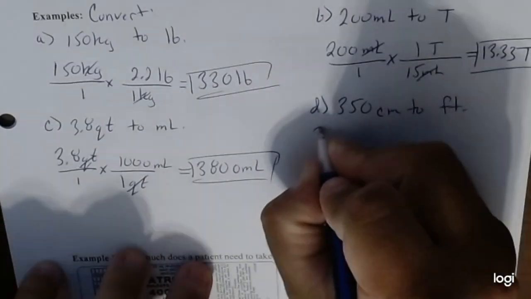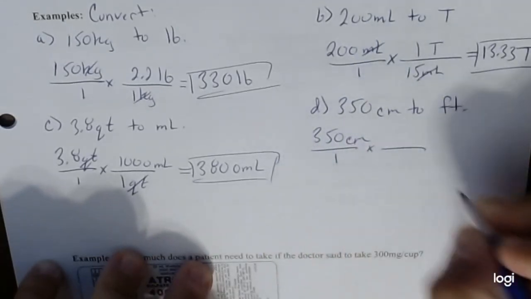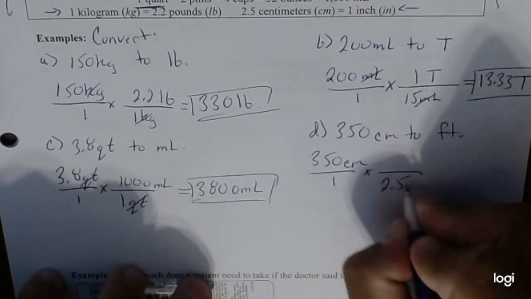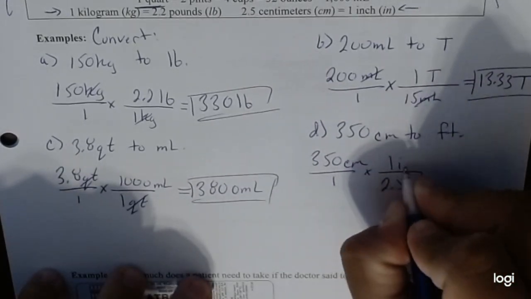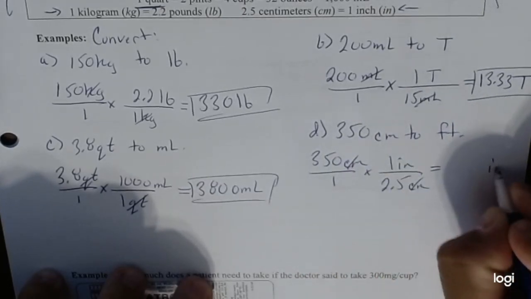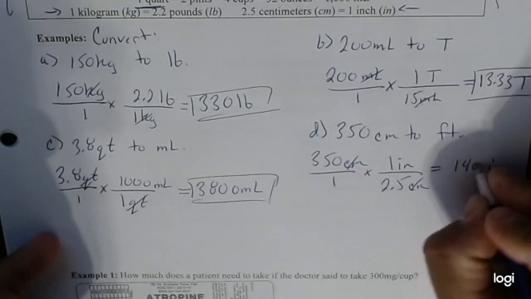The first one is converting centimeters to inches. Using our template, we know there are 2.5 centimeters for every 1 inch. So these cancel, and this gives us inches. 350 divided by 2.5 gives you 140 inches.